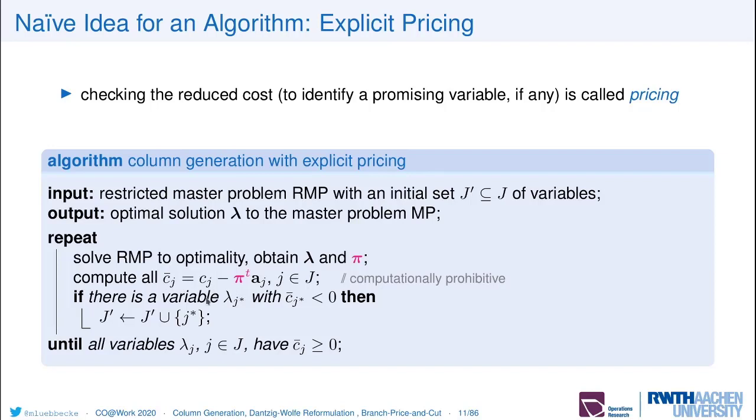And if there is a variable I have not in my model so far, but it has negative reduced cost, I add it to my model and repeat. And I do this until I have proven by computation here that all the reduced costs of the variables are non-negative. And the only flaw here is that this step is computationally prohibitive. I cannot enumerate all the variables and check their reduced cost simply because there are too many.